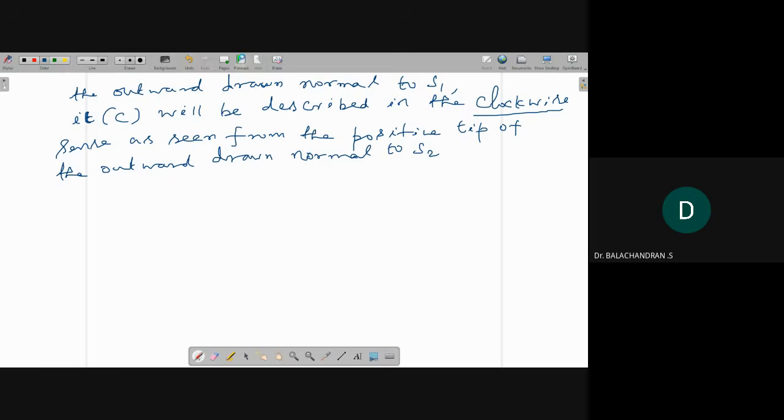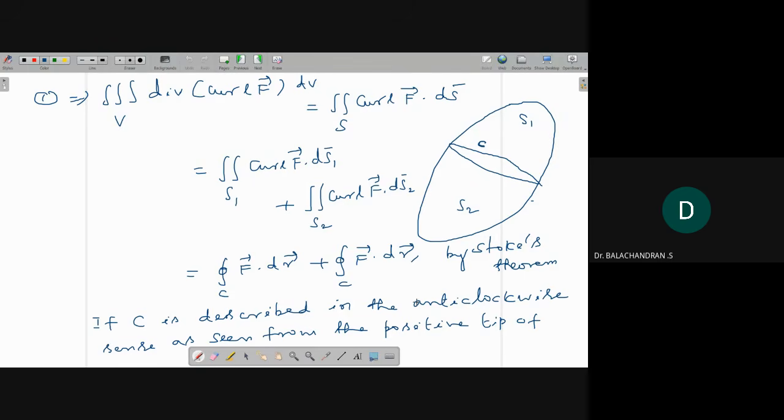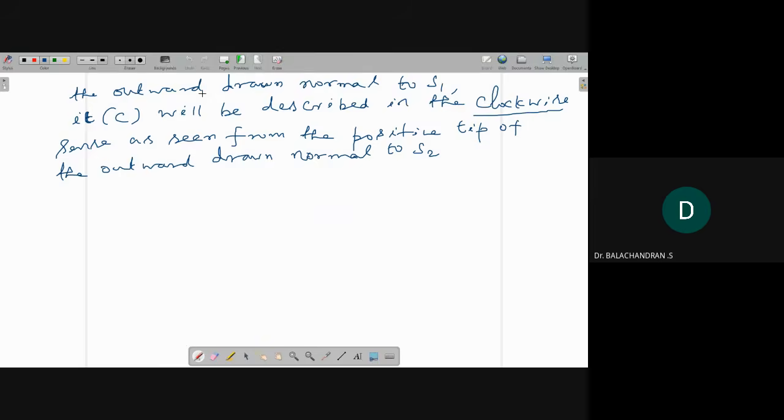So this one you should observe. If C is described in the anti-clockwise sense, as seen from the tip of the outward drawn normal to S1, the same C will be described in the clockwise sense, as seen from the positive tip of the outward drawn normal to S2.